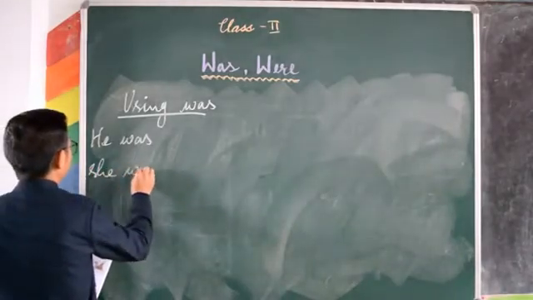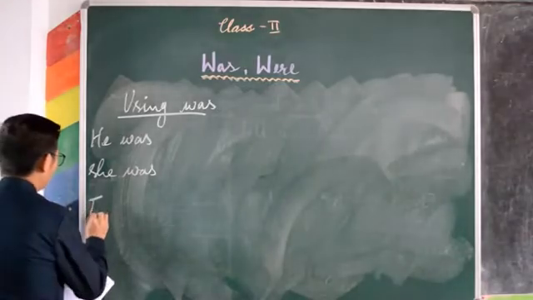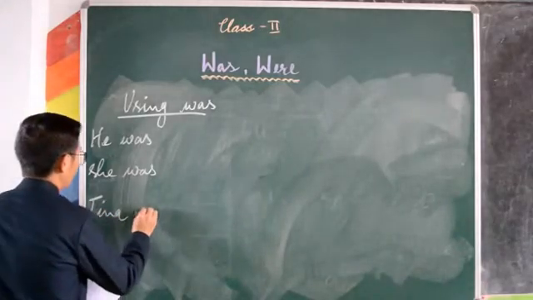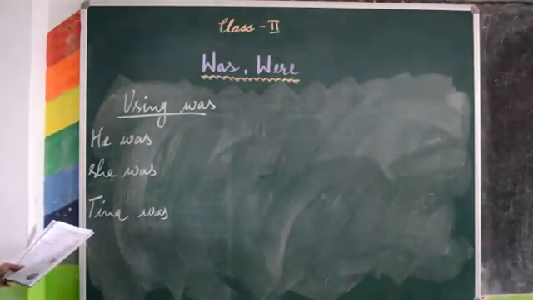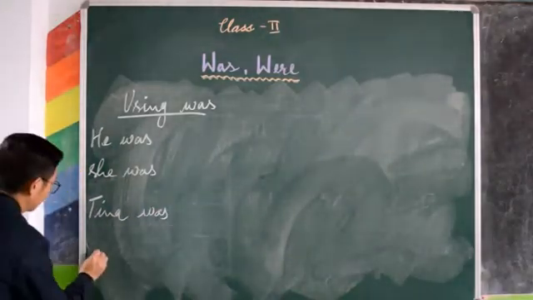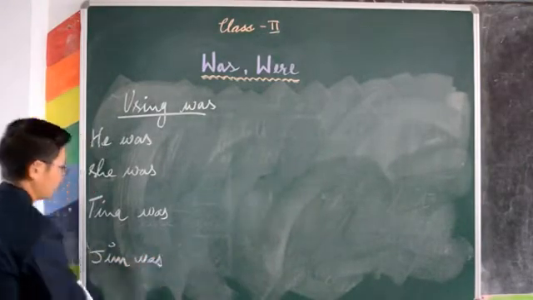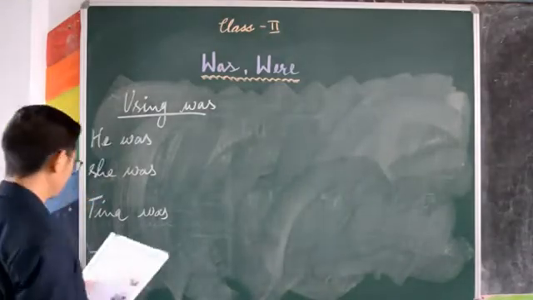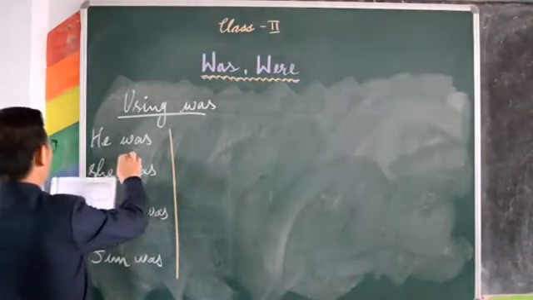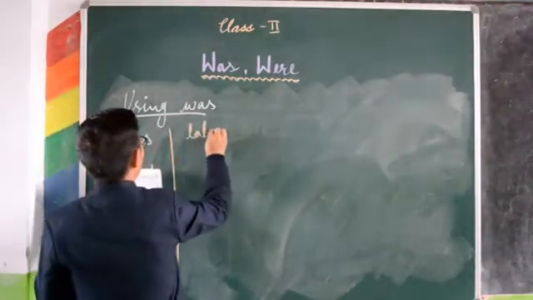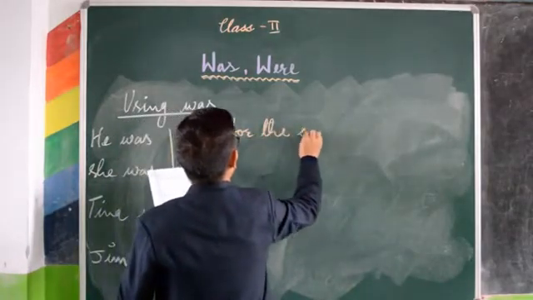For example, he was, she was, and then Tina, name of person. Tina was, and then Jim, name of person. Jim was. Now, on this side, we will write: He was late for the class.